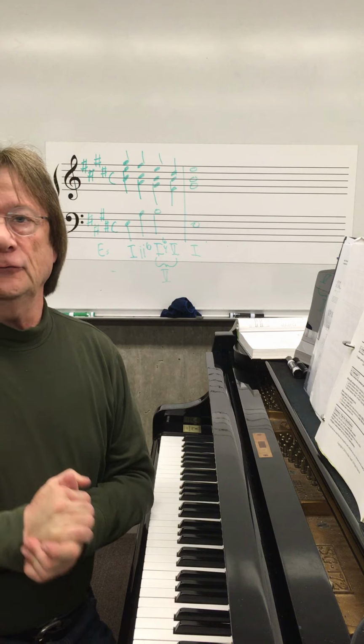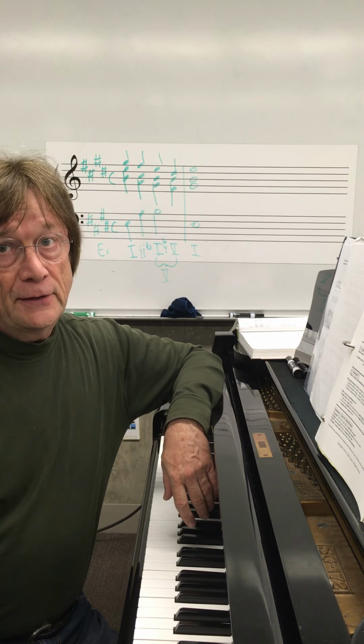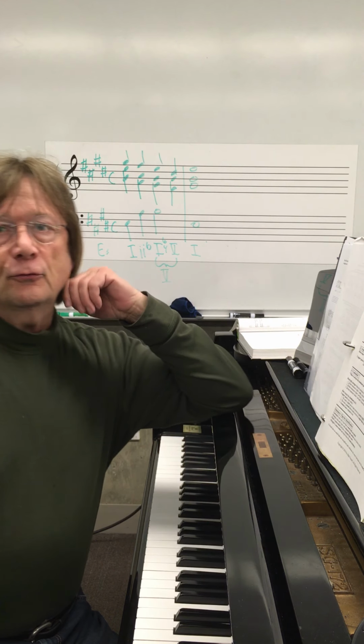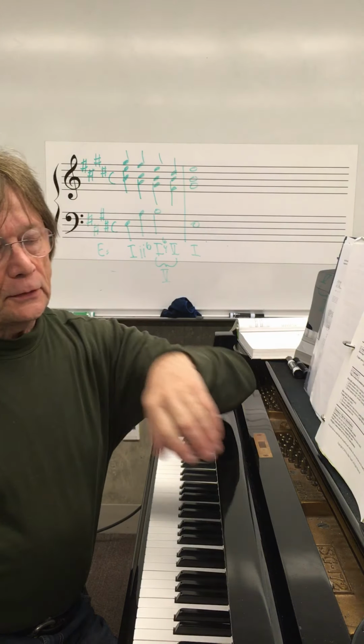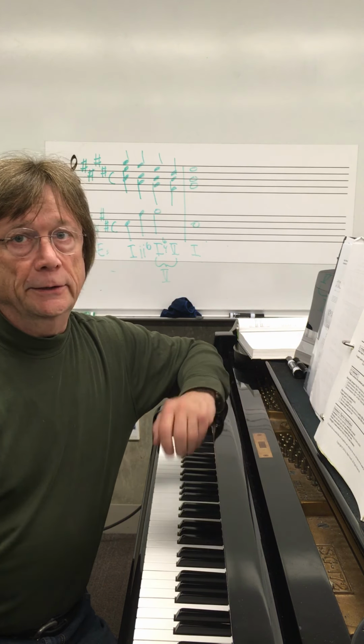Second inversion triads sort of work the same way, but there are some particular things about them. There's 3 basic types of second inversion triads. The first and the most common one is called a cadential 6/4 chord.